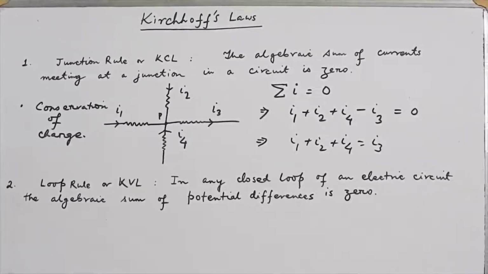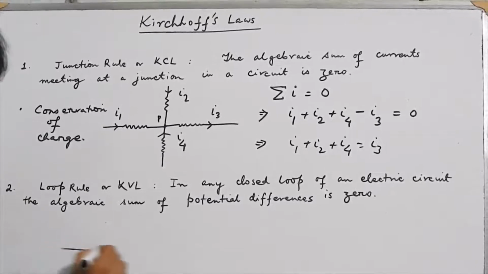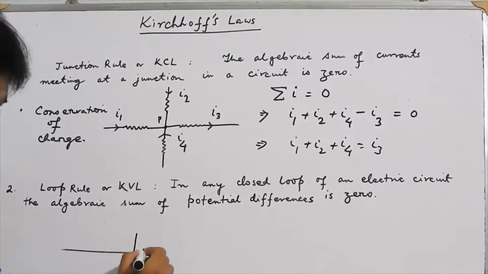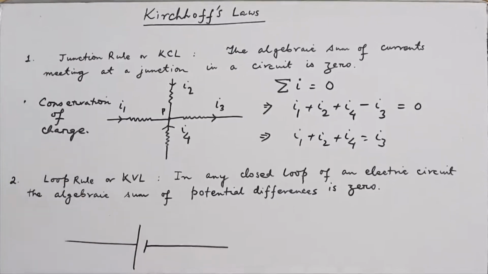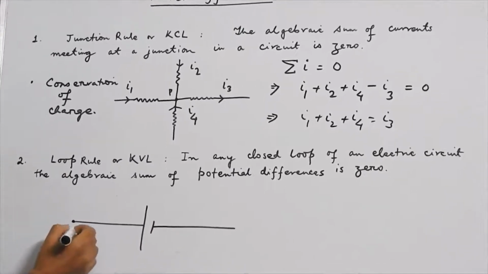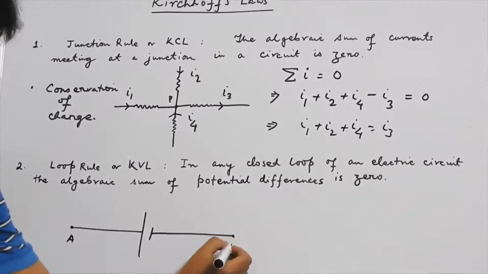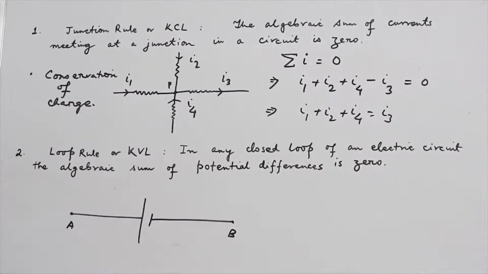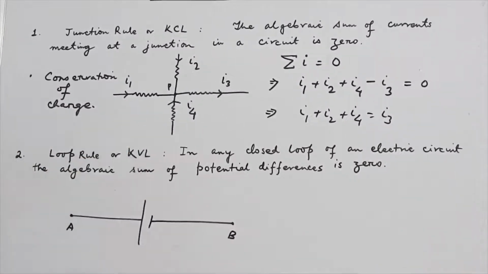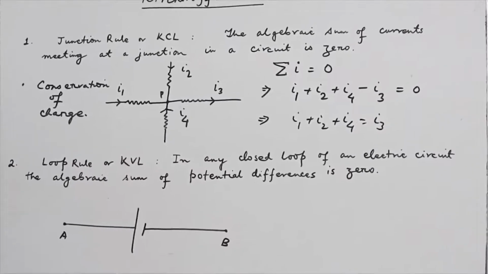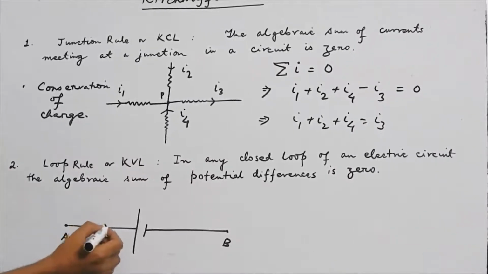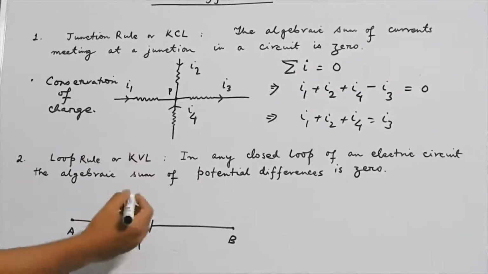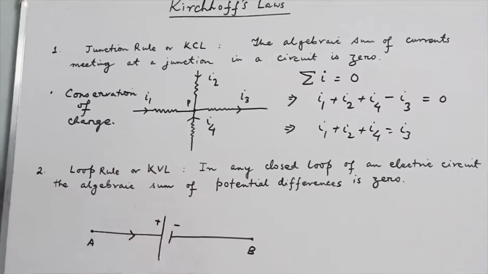So basically, suppose there is a battery or a source of EMF in an electrical circuit, suppose AB represents a simple path in a closed loop, and suppose we are moving along the closed loop in such a direction that we are crossing the battery from the positive terminal to the negative terminal.